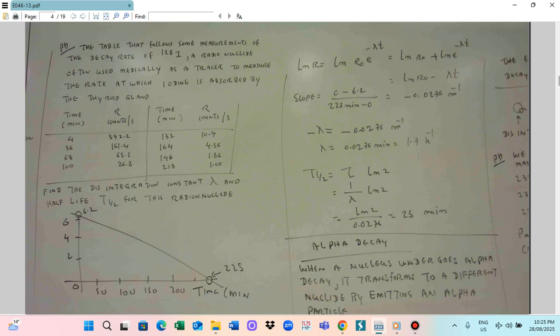So the slope is equal to this equation, and the slope is minus λ. Minus λ is minus 0.0276 per minute.